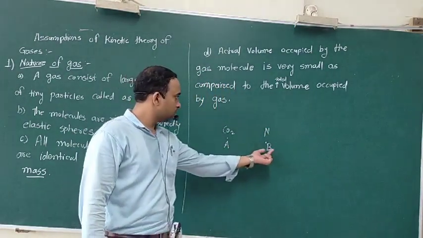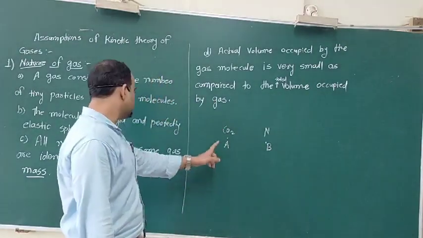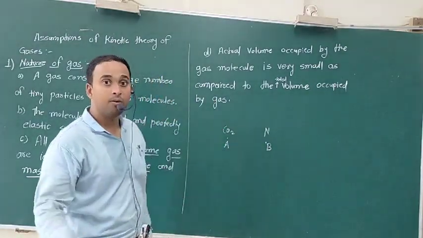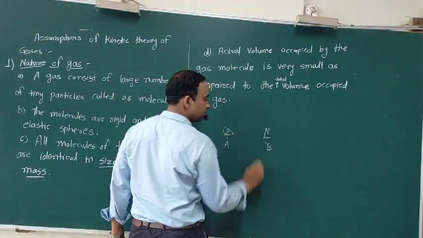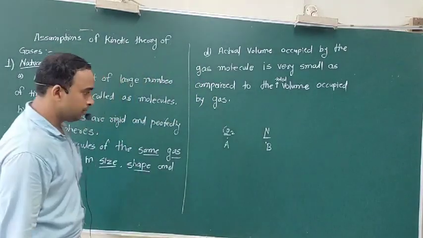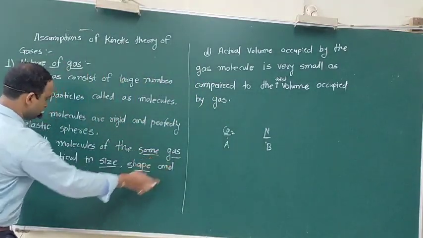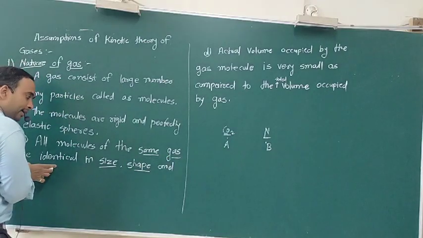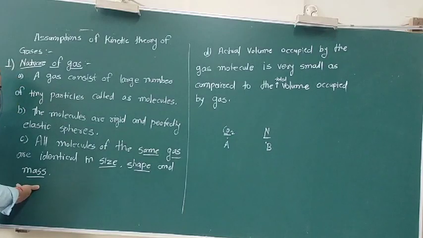Then these two molecules are different in size, shape and mass. Why? Because the gas is different. Okay. All the molecules of the same gas are identical in size, shape and mass.